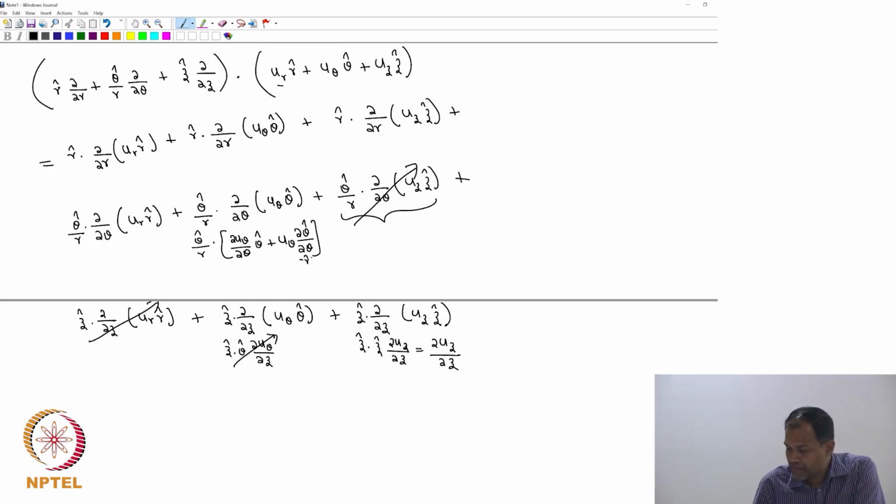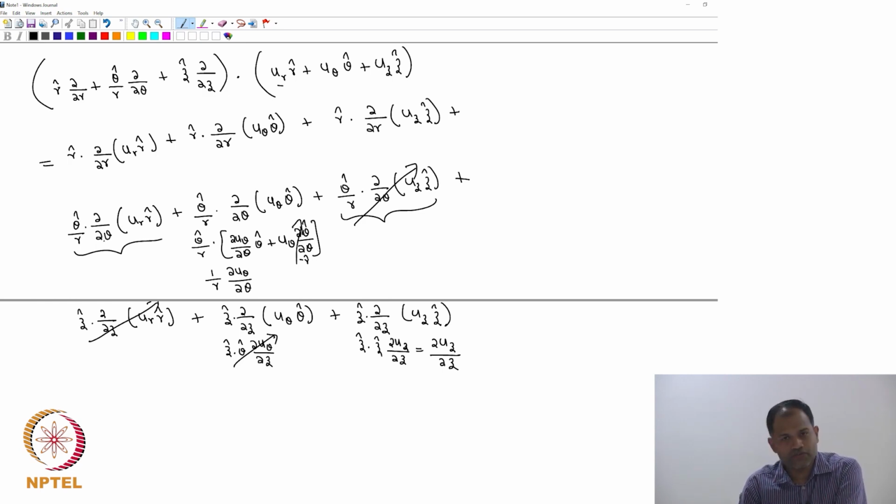Minus r cap. So if I take the dot product of theta cap with r cap, that's going to go away. Only this remains. I have theta cap dot theta cap, that's 1, and therefore what is left is 1 by r dou u theta divided by dou theta. Clear?